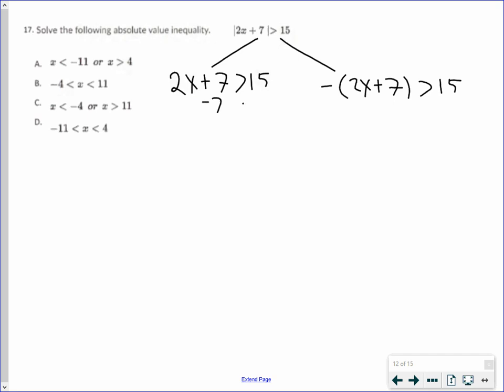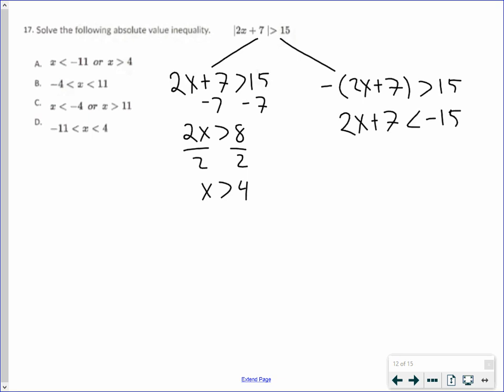So minus 7, 2x is greater than 8. Divide by 2. X is greater than 4. For the right side, we're going to divide or multiply by -1, whatever you want to say. So we get 2x plus 7 is less than -15, minus 7, minus 7. 2x is less than -22, or x is less than -11.